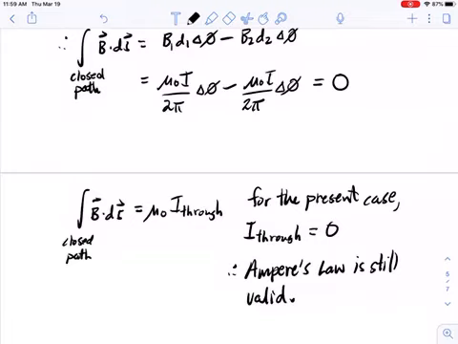Okay, what we'll do in the next video is we'll think of some applications of Ampere's law. In particular, we're going to consider the important case of a solenoid and see if we could calculate the magnetic field due to a solenoid, which is going to be a coil of wire.